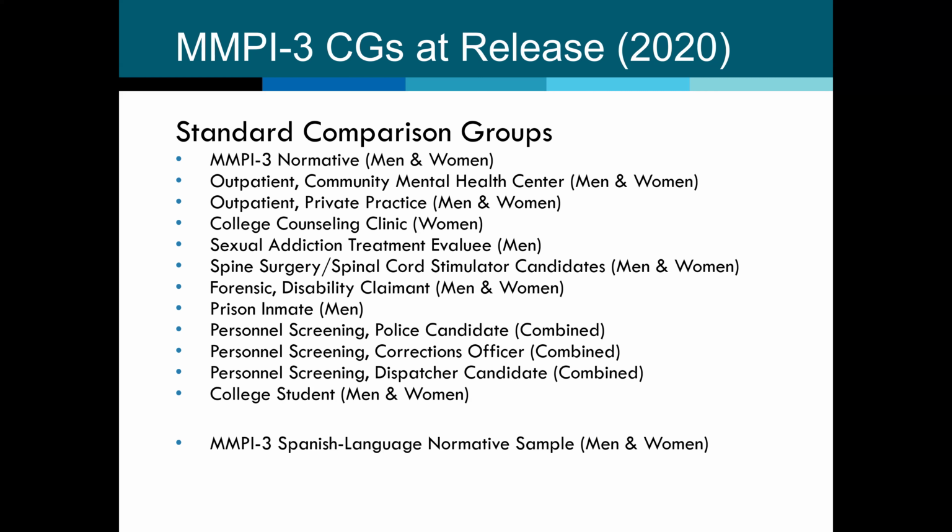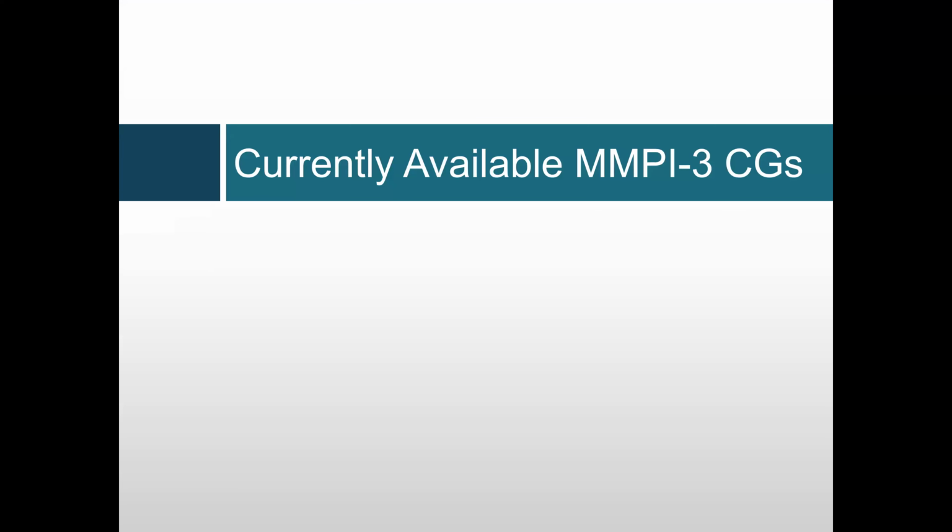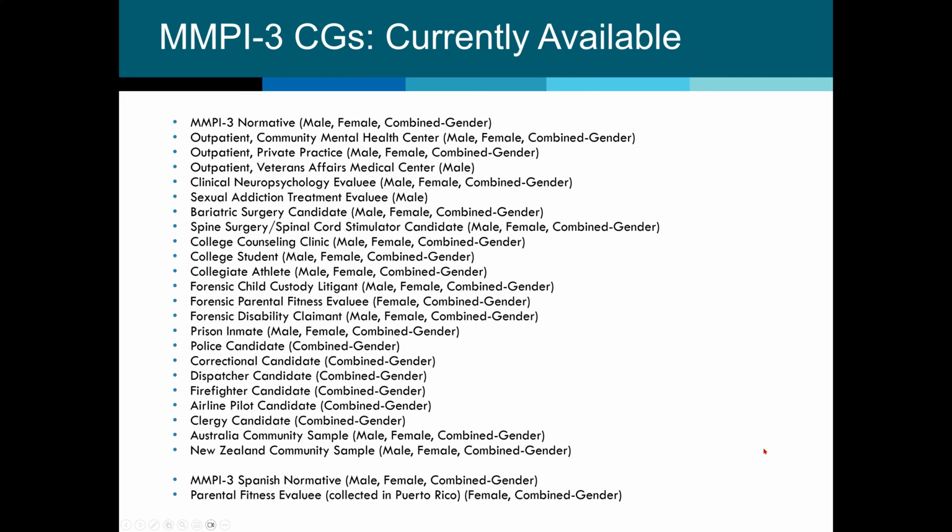So again, this is our list that was available in late 2020, when the test was released. And we're going to turn next to our currently available comparison groups for the MMPI-3.